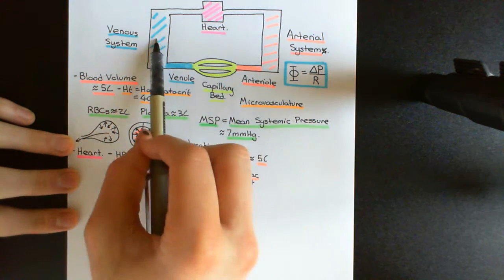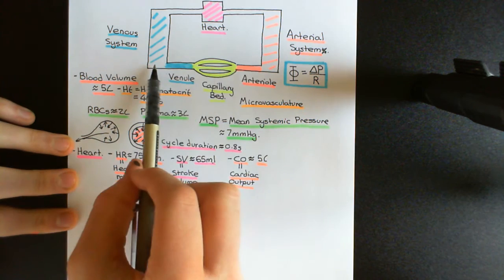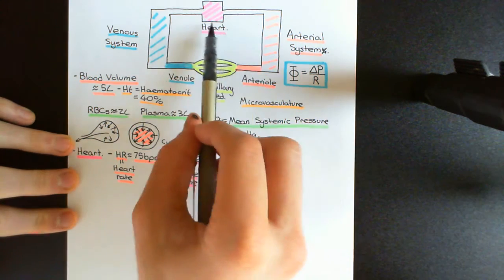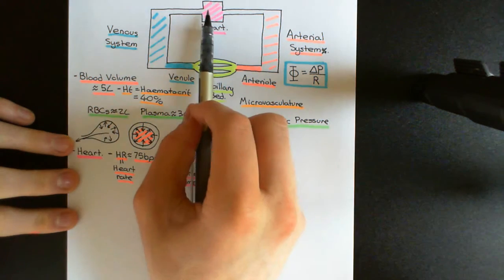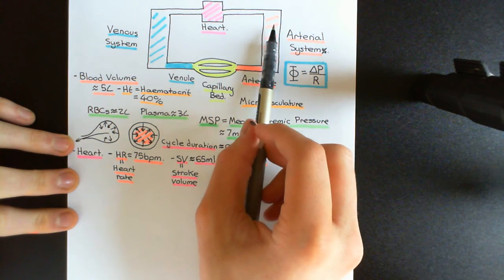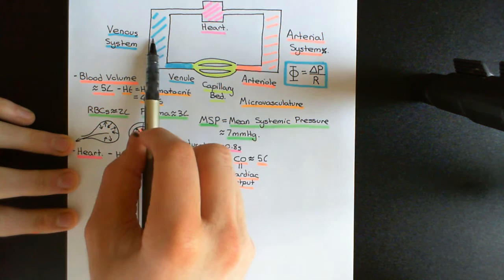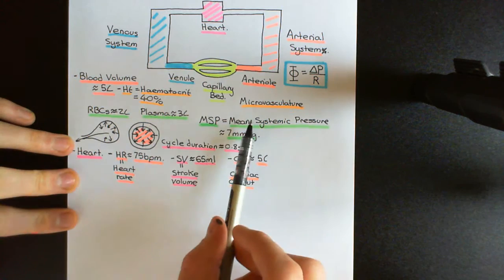You don't have a high enough pressure difference to drive a fast enough flow through the microvasculature to return the 65 milliliters that the heart has beat from the arterial system to the venous system. So that means that when the heart beats for the second time, some of the blood that it beat over the first time will still be in the arterial system and missing from the venous system. So we haven't gone back to our beginning situation.